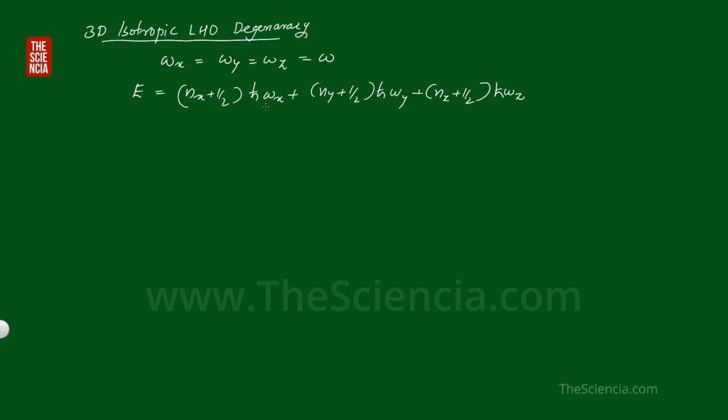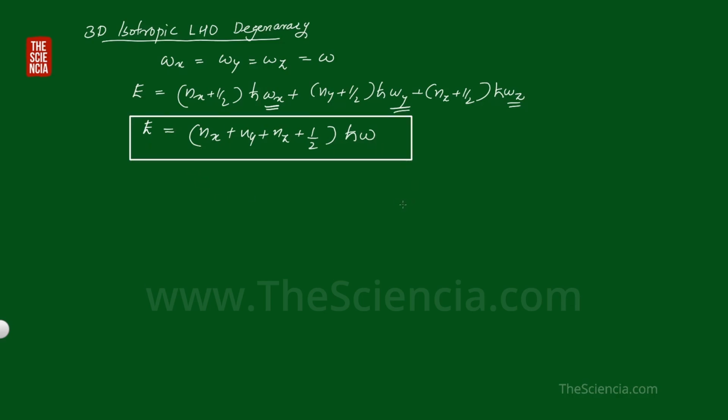But here all the omega x, omega y and omega z are equal. Therefore this expression reduces to E is equal to (nx plus ny plus nz plus 3 by 2) h cross omega. This is the expression for energy of a 3D isotropic linear harmonic oscillator.